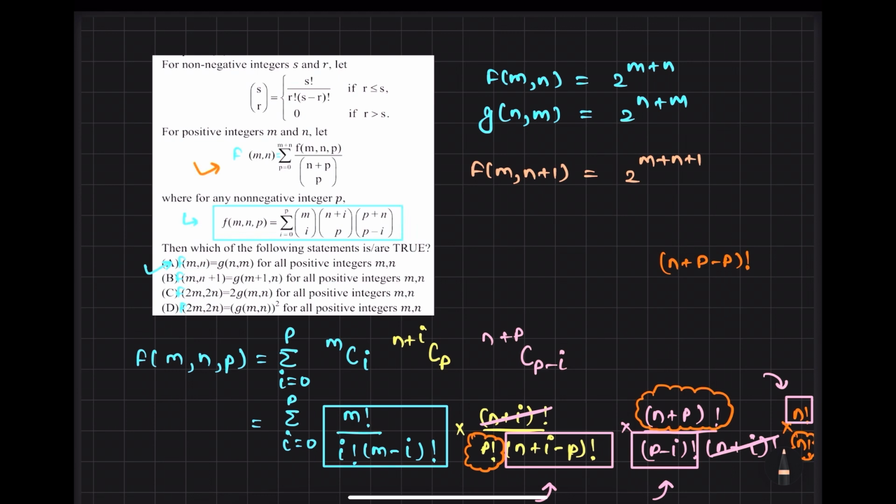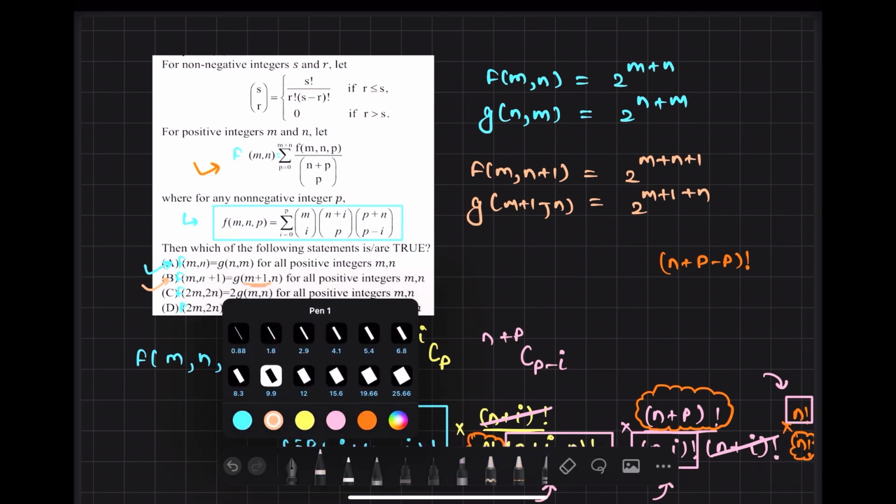In place of n you have to write n + 1. Okay. Now look at g. In place of m you have to write m + 1, and then in place of n you have to write n. So (m+1) + n, both are still the same. So this is also correct.